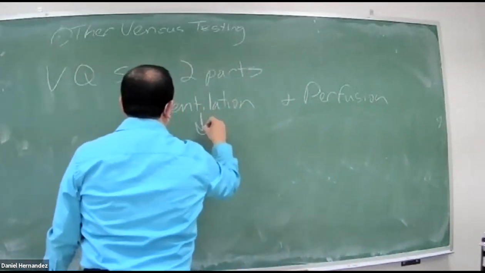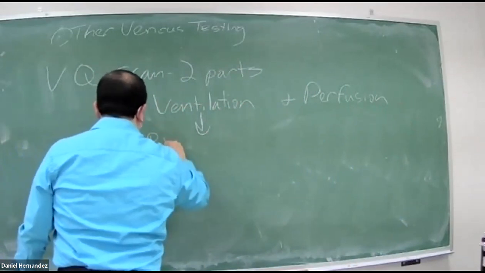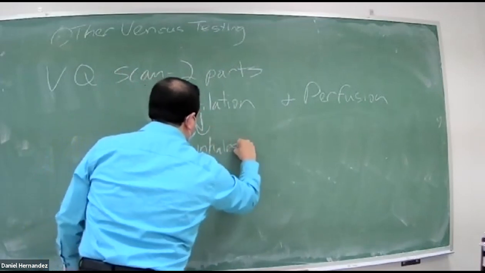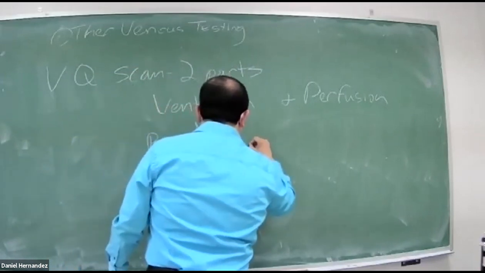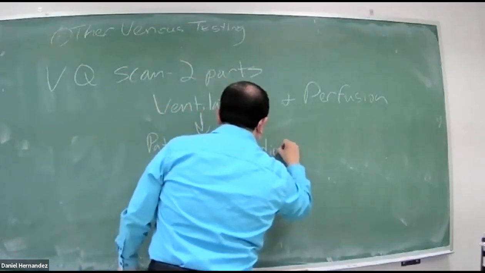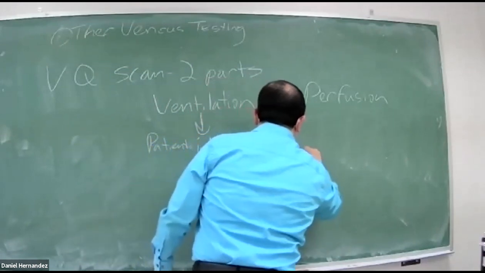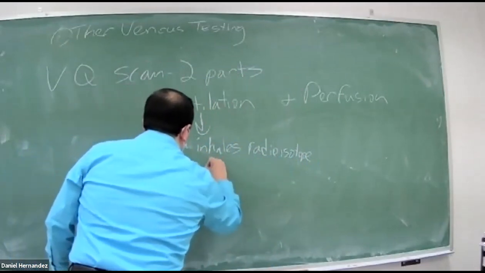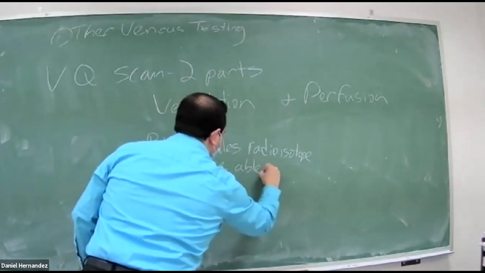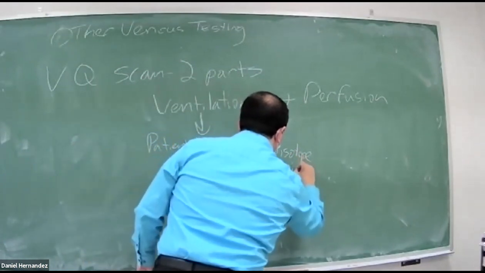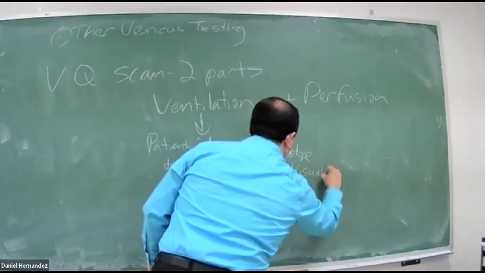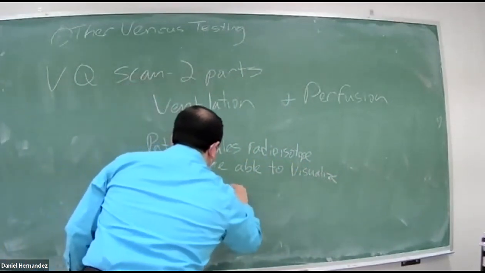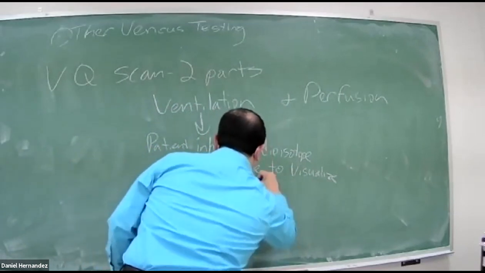So under the ventilation part of the test, the patient inhales the radioisotope, and we are able to visualize how the lung fills with oxygen.